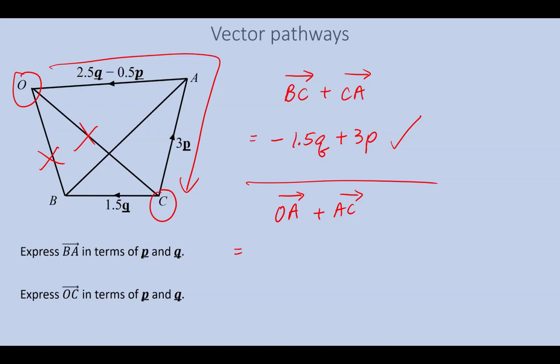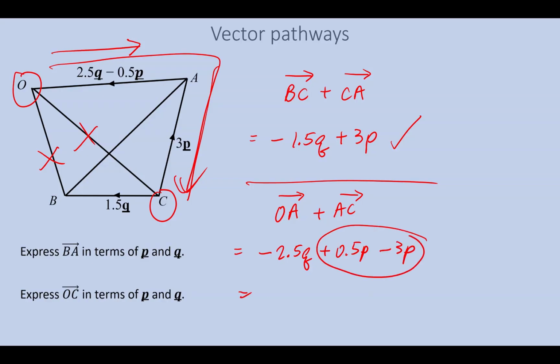Then this time I need the opposite, so it's a negative 2.5Q, negative 0.5, so it's a positive 0.5P. And then this way, I don't like that opposite, so I have to do a negative 3P. Then collect like terms, this one, negative 2.5Q, take away 2.5P. And you don't need to put it in the bracket. This is good enough answer.